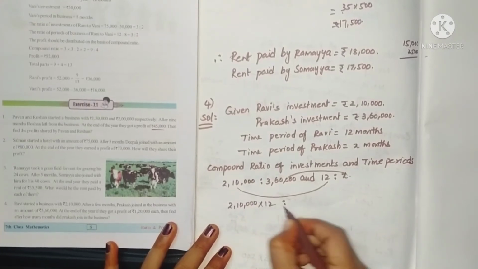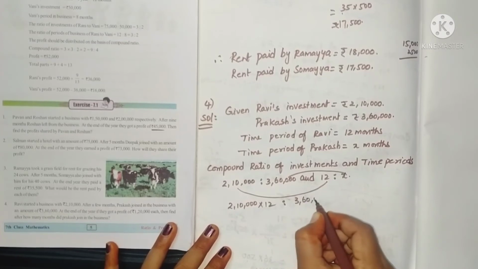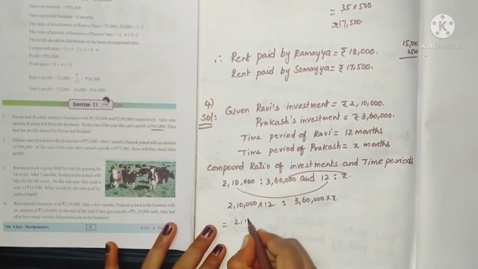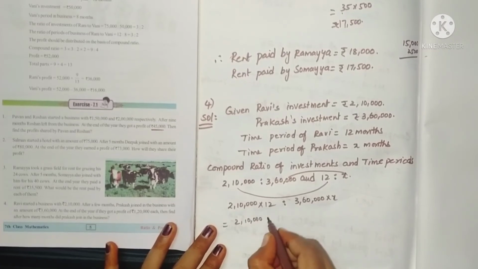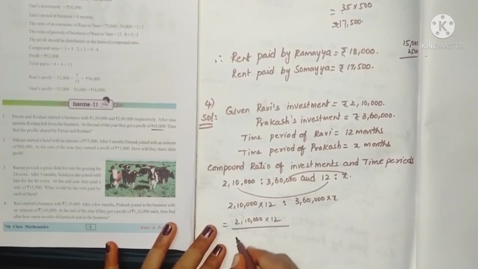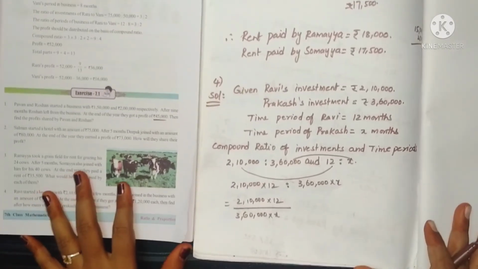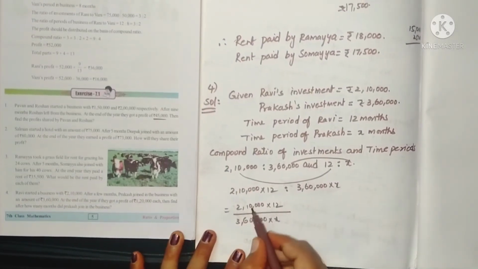Into 12 is to 3,60,000 into X. So students, ఈ ప్రాబ్లమ్స్ అనేవి మీకు ఎక్కువ స్టెప్స్ ఉండి కొంచెం బోర్ అనిపించవచ్చు, బట్ ఇంతకన్నా తక్కువ స్టెప్స్ అయితే రాయలేము. Okay, this is the shortest form I can say.